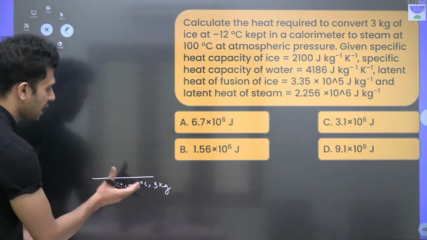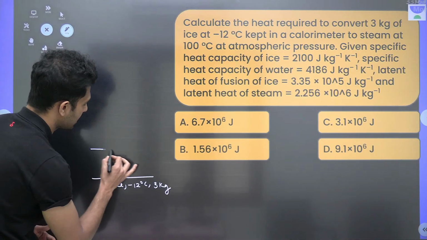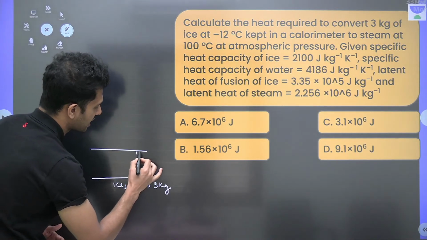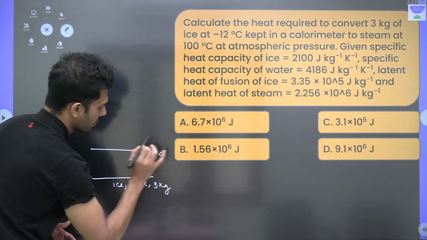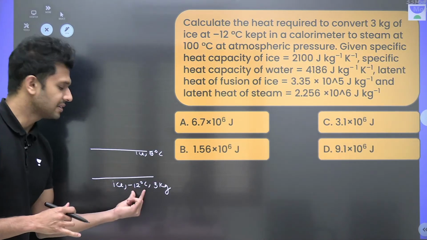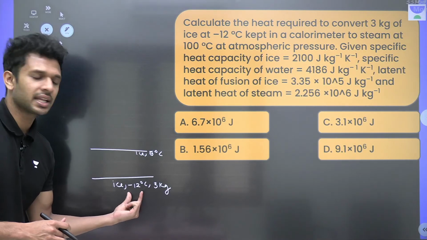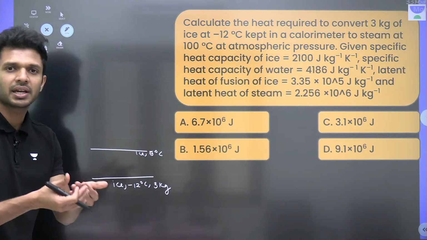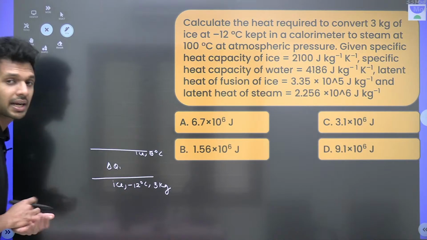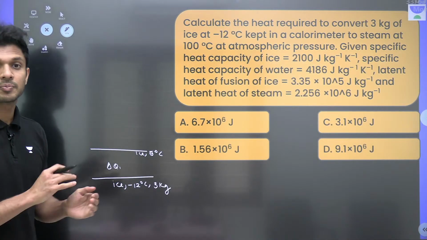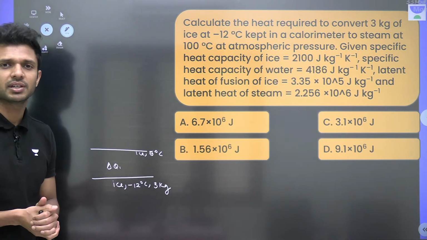Now this ice, I have to keep on providing heat energy so that I can convert this ice at minus 12 to ice at 0 degrees Celsius. So I'm marking the heat energy as delta Q1. How much heat energy has to be given?